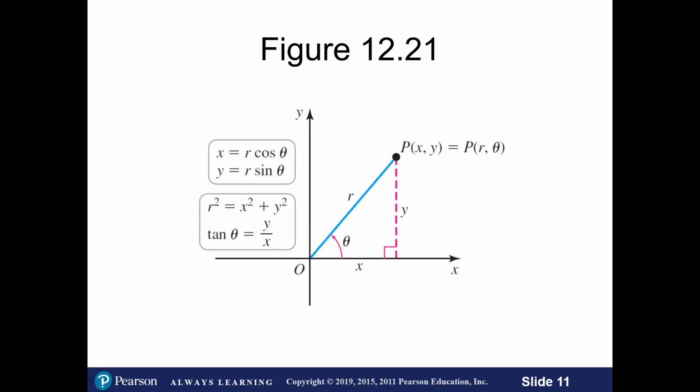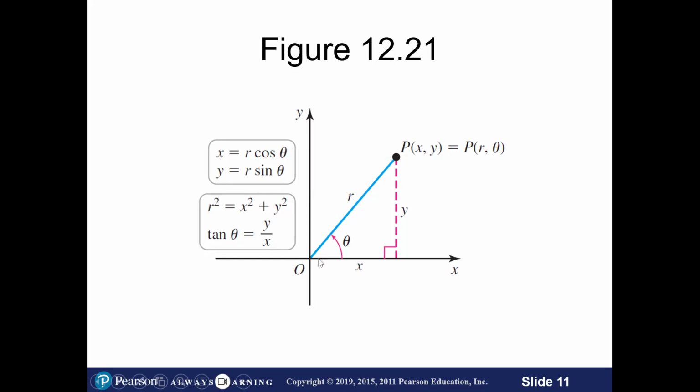Now let's talk about how we convert between polar and Cartesian coordinates. Let's say you get an x, y coordinate and you want to move it to polar coordinates, or you get a polar coordinate and you want to go backwards. How would you do that? It all boils down to our friend, the right triangle.